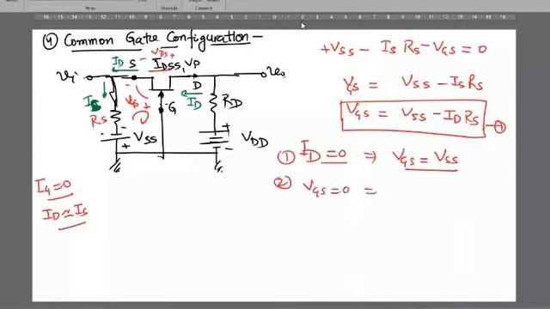In this case you will find ID equals VSS over R. So these are two conditions, similar to potential divider bias, and you can calculate the values of VGS and IDS. And once, okay, let me explain the concept of Q point here.